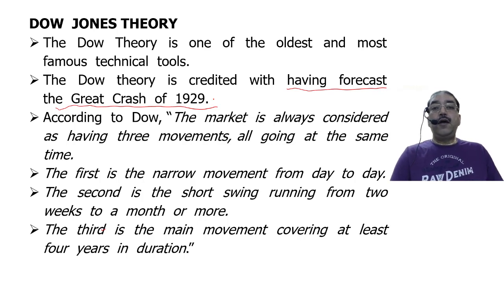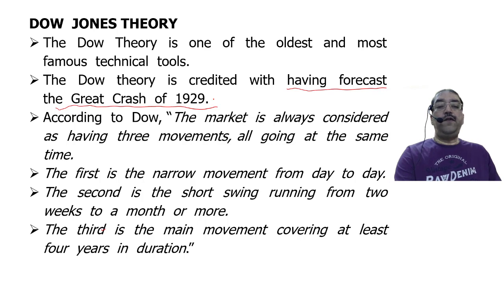Okay. Now, according to the Dow Jones theory, the main crux of the theory, the main part of the theory, is that all the stock movements of the stock market can be classified into three categories, or there are three types of movements.